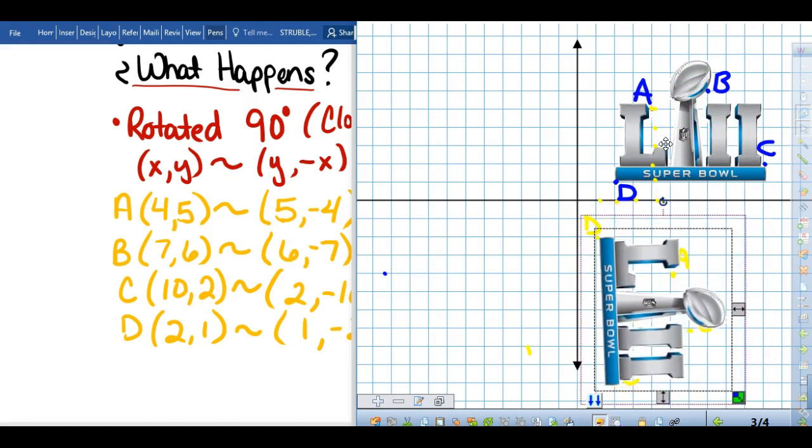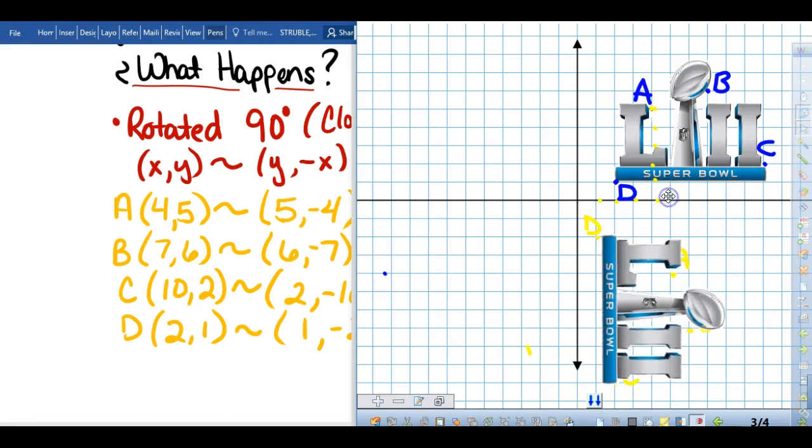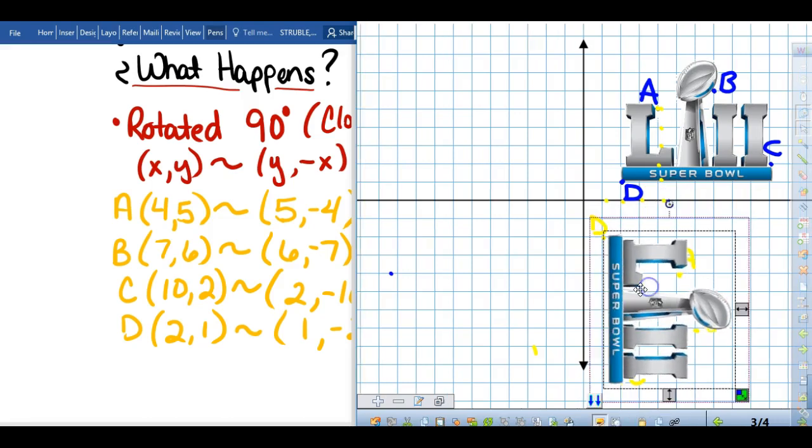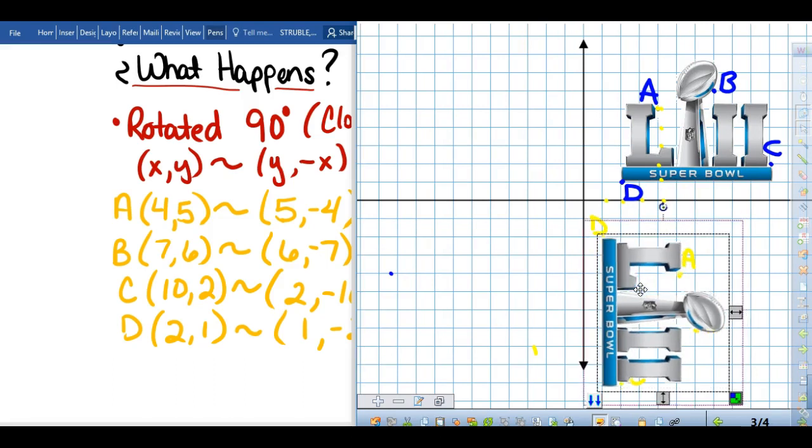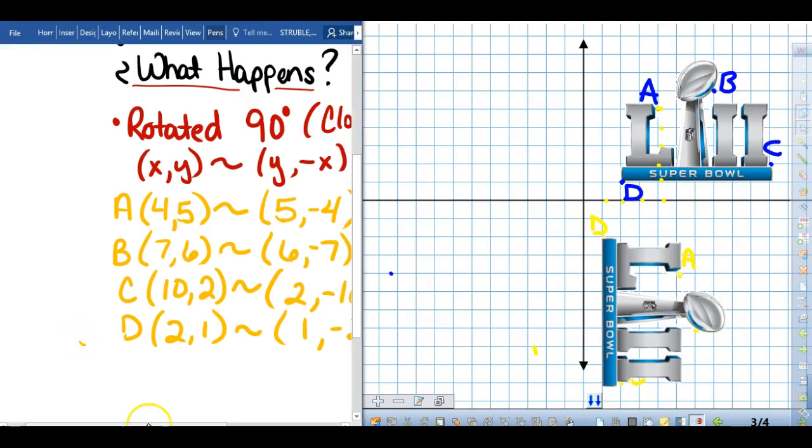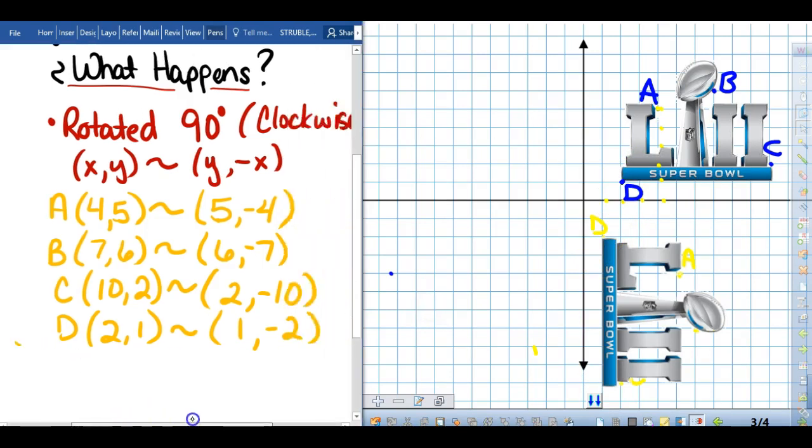About that point. So it'll rotate about that point, staying level. And voila. All right. Now obviously the letters are covered up, but they're still there. The A is still above the L, the B is still about the middle of the bottom of the football, C is on the top of the blue Super Bowl strip, and then D is at the bottom corner here. Okay, so that's what it would look like if we rotated 90 degrees clockwise.